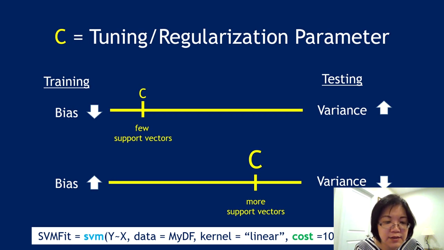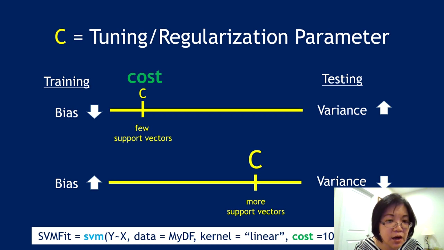Here I want you to take a look at the SVM function in R. The way it is defined, there is a parameter called cost. Cost is the parameter that is equivalent to C. However, it's very important to remember that cost is actually inversely related to C, meaning that a big cost value actually means a small budget for tolerance or slack.